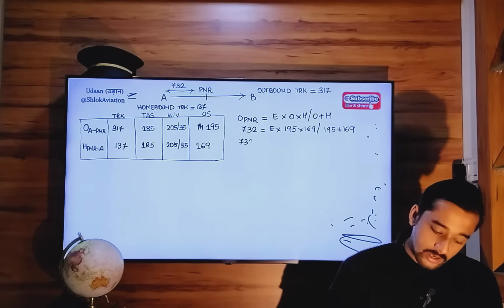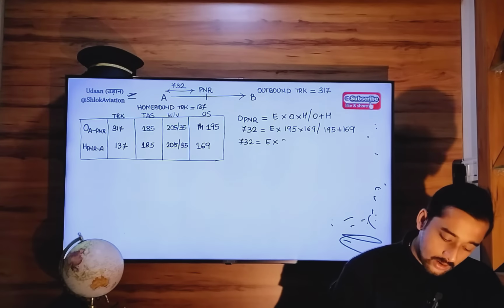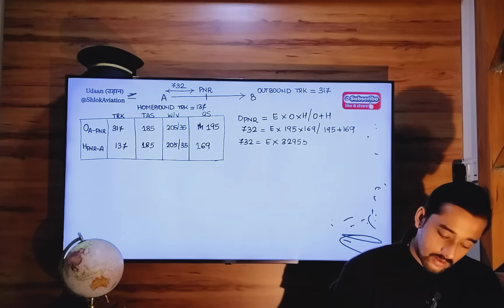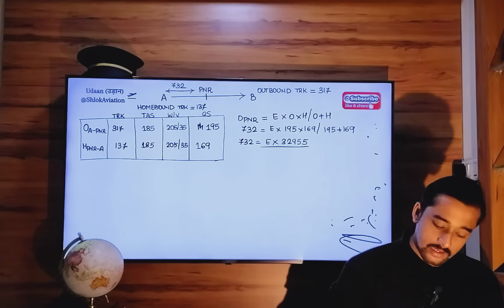So 732 equals endurance into 195 into 169, which is 32,955, divided by 195 plus 169, 364.